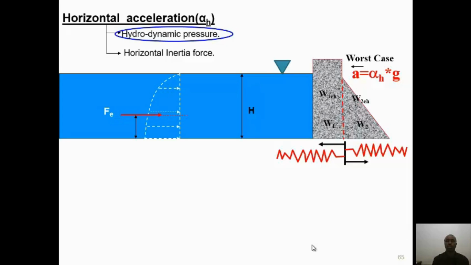The force of the earthquake acts on the dam structure. When earthquake acceleration is to the upstream direction, which is alpha H times g, then the inertia force will be to the downstream direction.